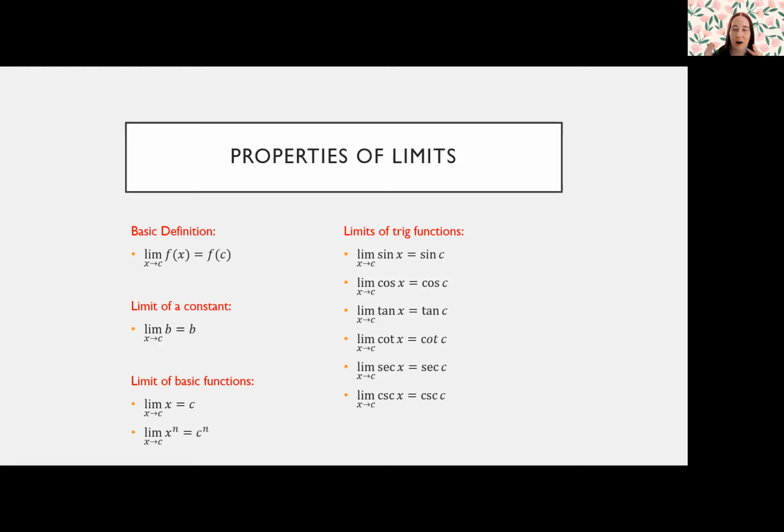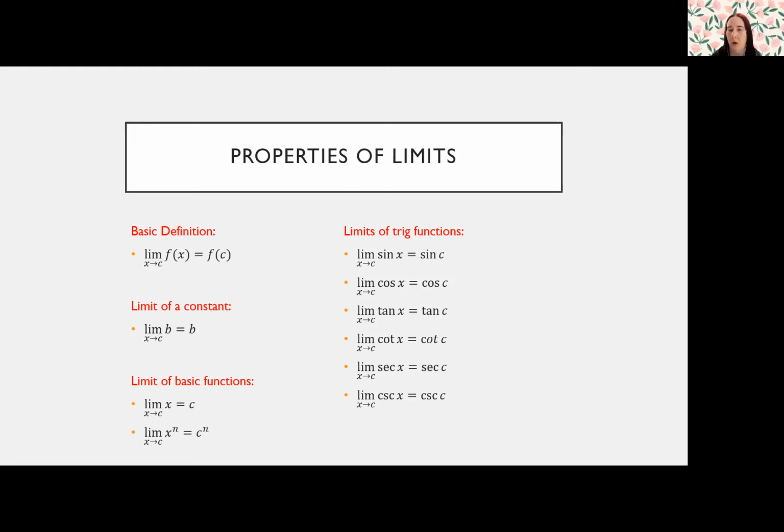So our basic definition, the most basic type of limit, is that if you have some function and you want to know the limit as x goes to some number, which we'll call c, you just plug that number into the function. That works most of the time with most functions.